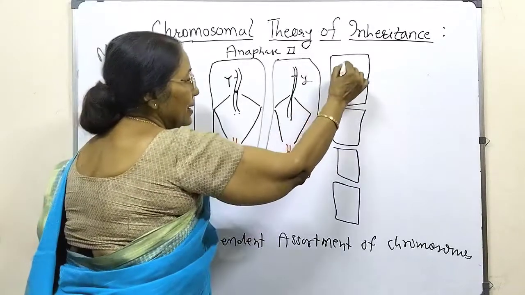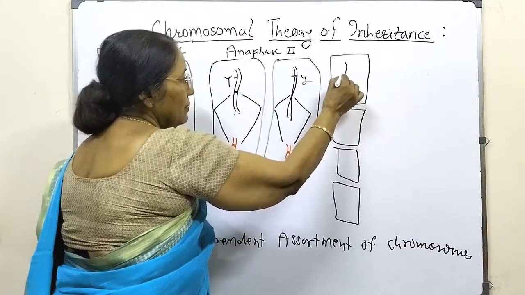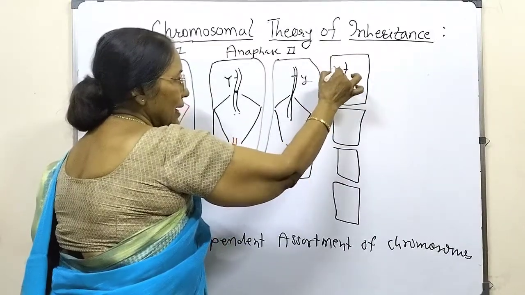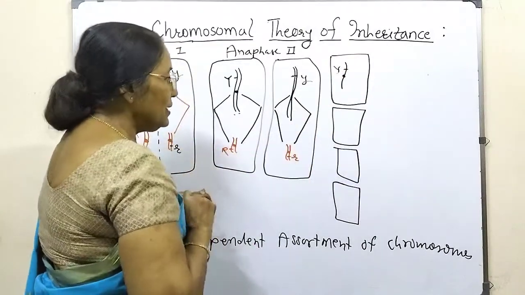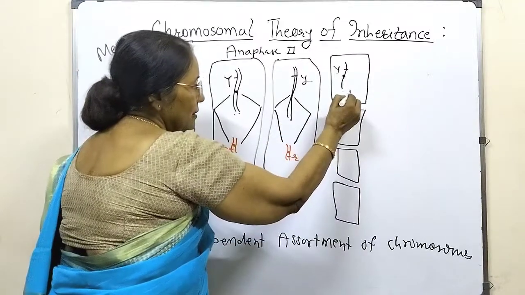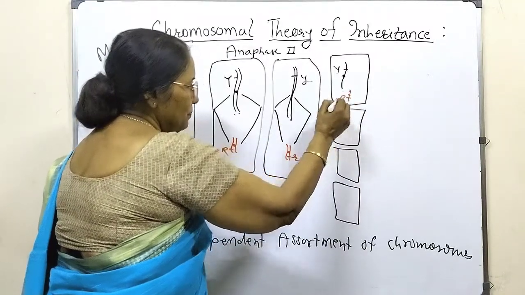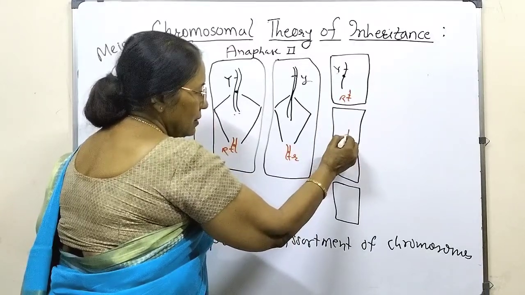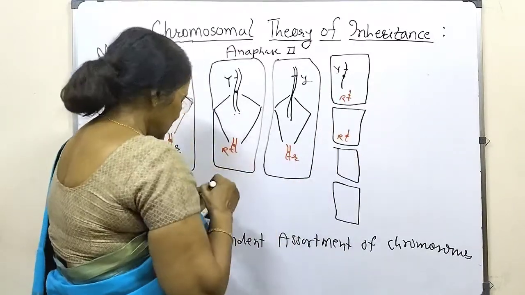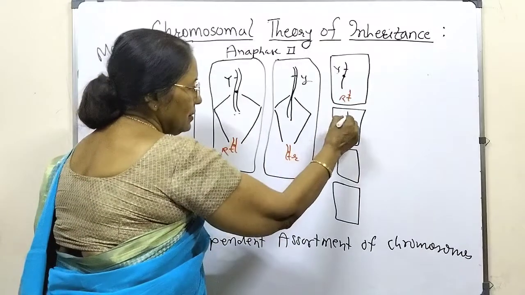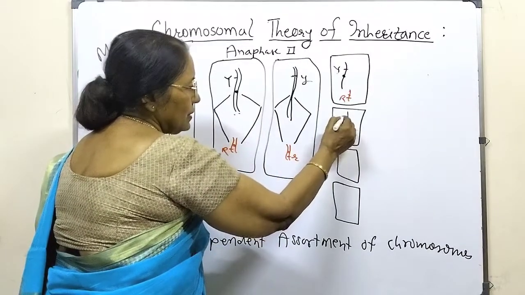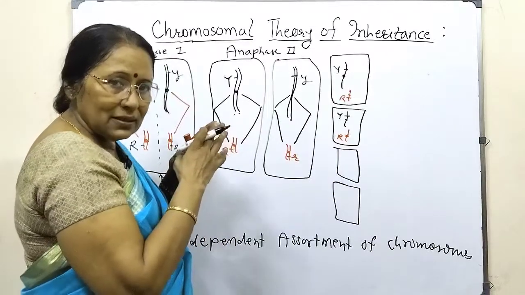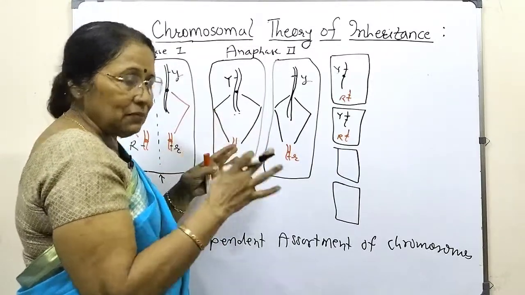Both, one will have one capital Y and one capital R. Similar here also, one capital R. Here one capital Y. Both of these, because they are formed by the separation of the chromatids of the same chromosome.